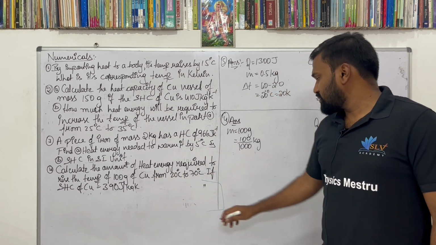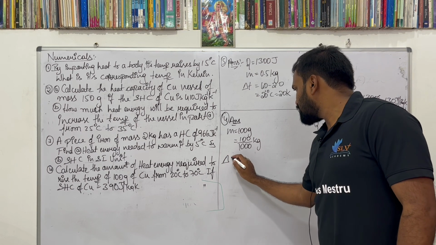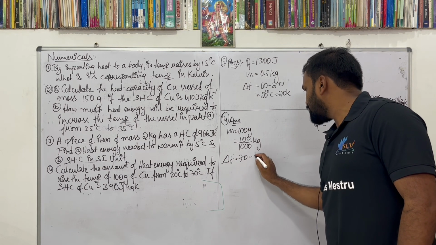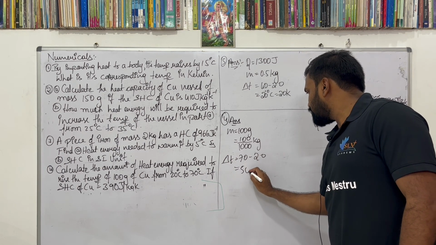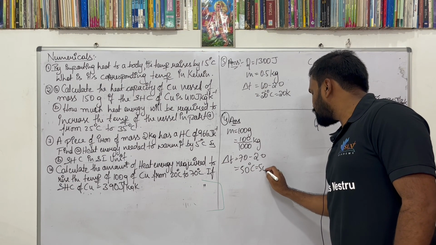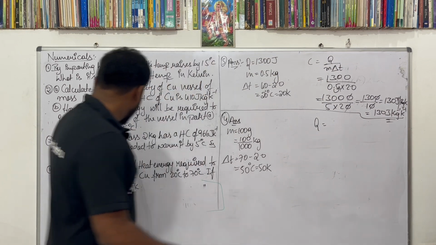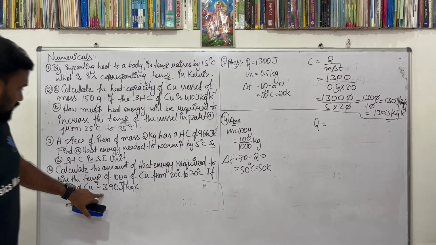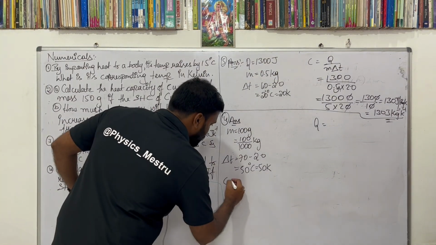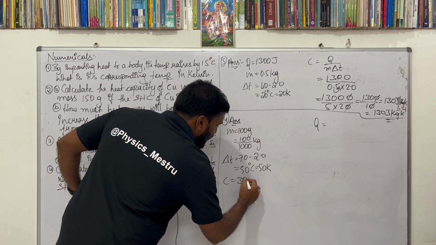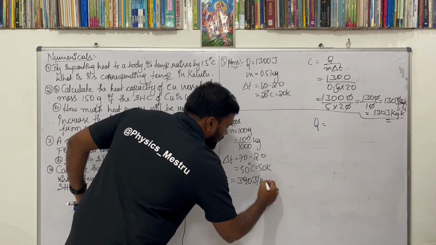The temperature rises from 20 degree Celsius to 70 degree Celsius, which means delta T is equal to 70 minus 20, which is 50 degree Celsius, or 50 Kelvin. The specific heat capacity of copper they have given as 390 joules per kg Kelvin. C is equal to 390 joules per kg Kelvin.